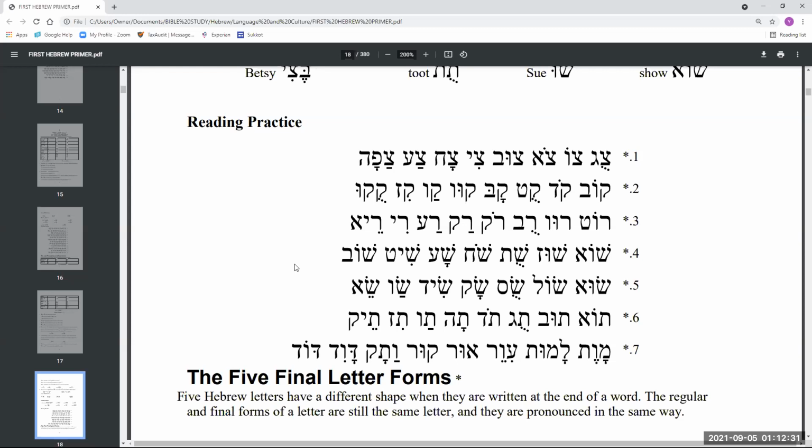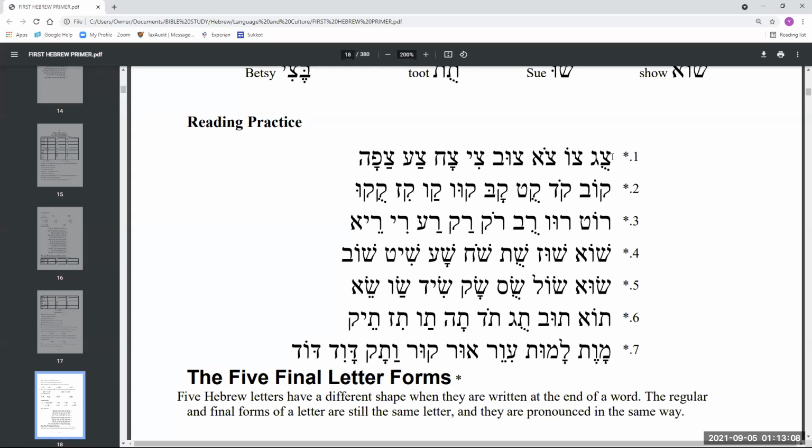All right, everybody that participated, good job. You see where you might need to go back and practice a little bit more. But the only way you're going to get better, like we say every week, is you've got to practice it. You've got to put in your time if you want to learn these letters. Right now we're just doing the phonetics. We're not really worried about what it means. We'll get into that later, but we have to be able to recognize what that letter is and what it sounds like with the vowel point, in order to start getting into the vocabulary, the prefixes and the suffixes.